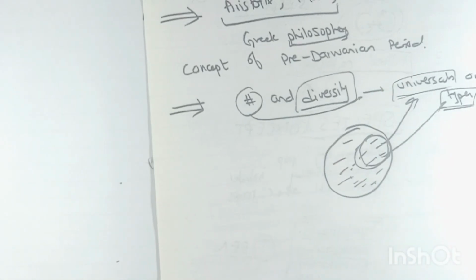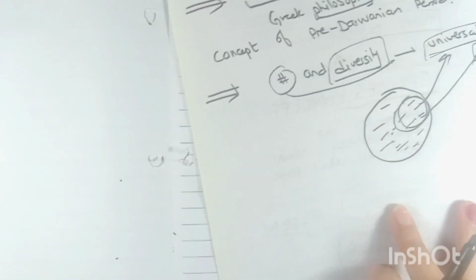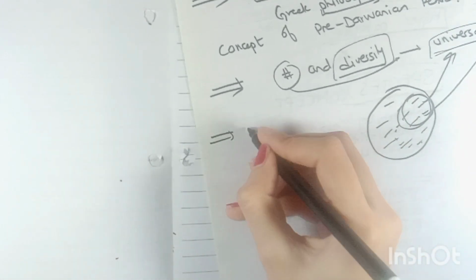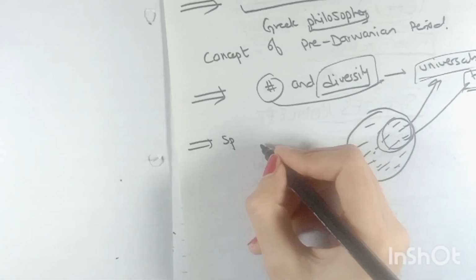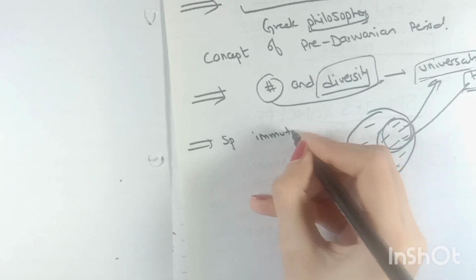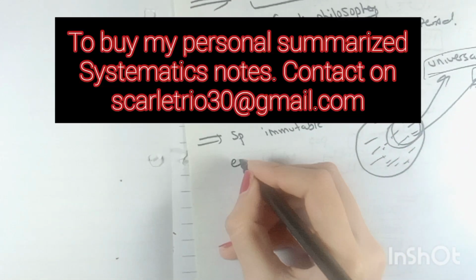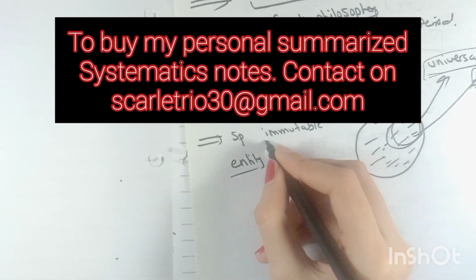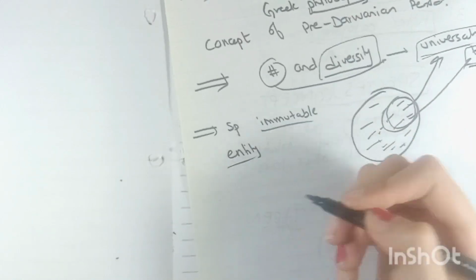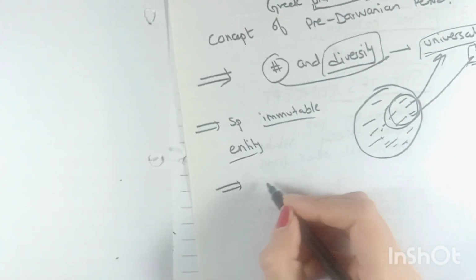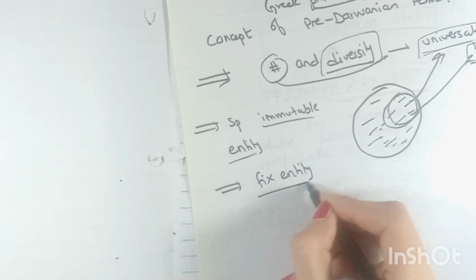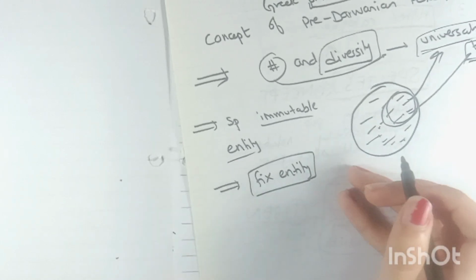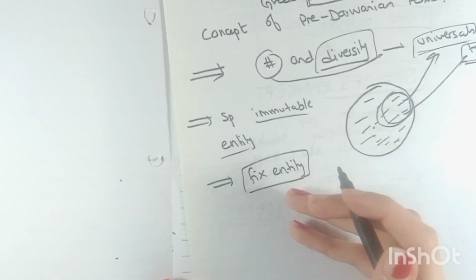And if I talk about another definition, it was thought that species are an immutable entity, which means no mutation can occur in them. According to them, species is a fixed entity, like no change can be done or take place in them.